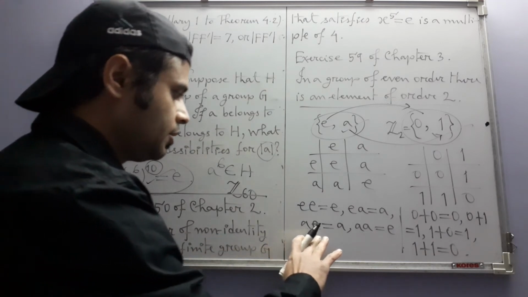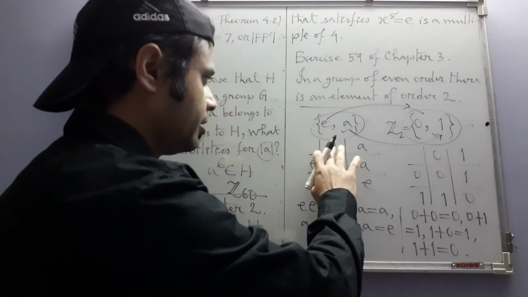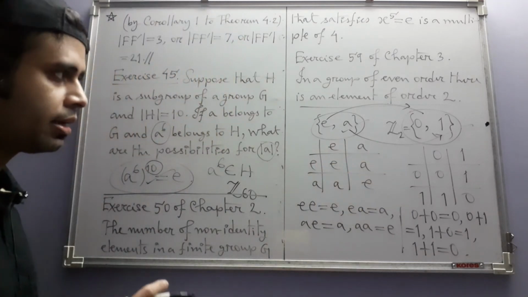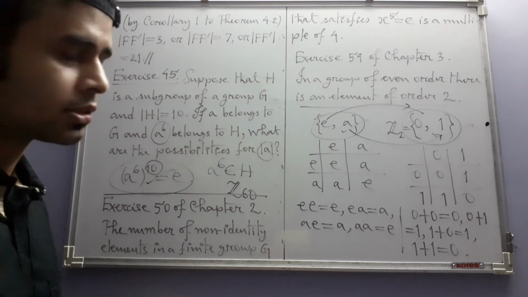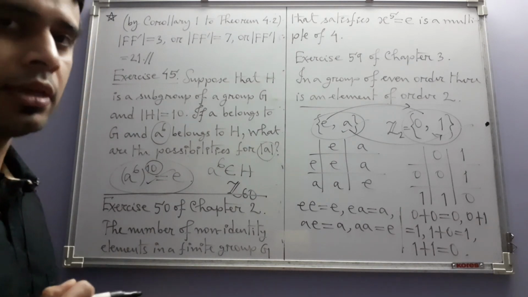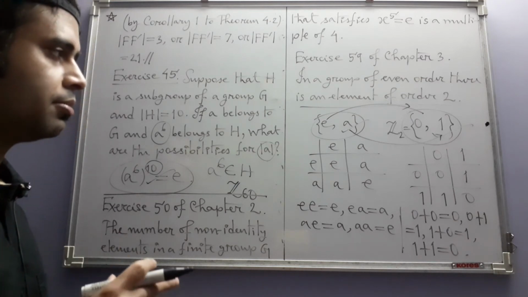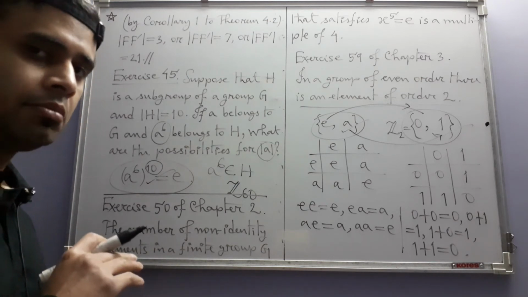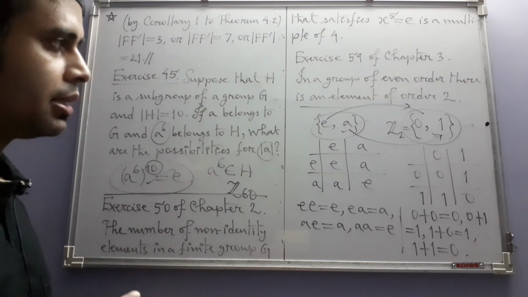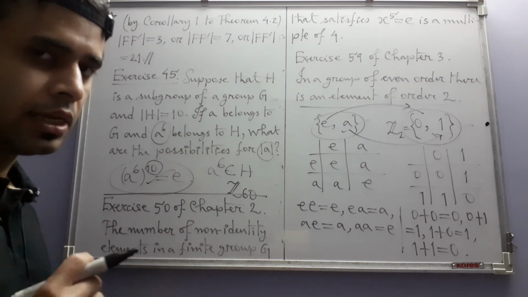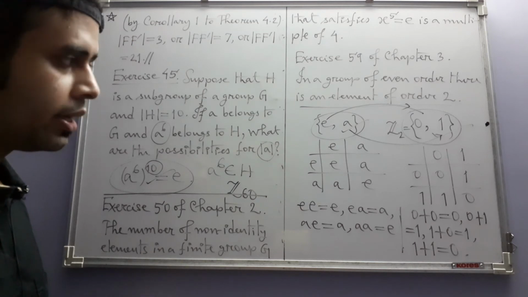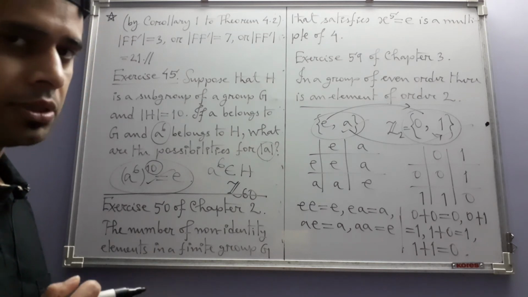So one can say that the two groups, as far as the group structures are concerned, are basically the same. Now this is the concept of isomorphism. Isomorphic groups may look quite different, but actually they are the same group. There is no real group theoretic distinction between them.